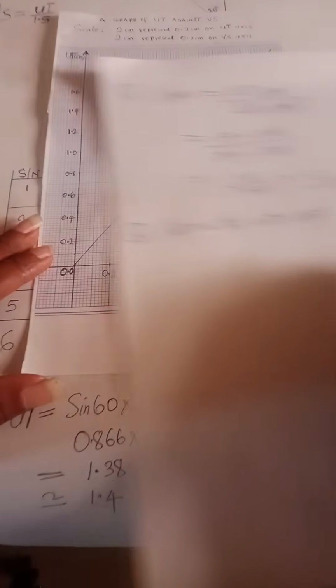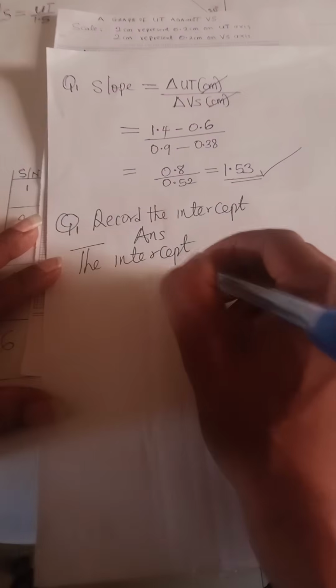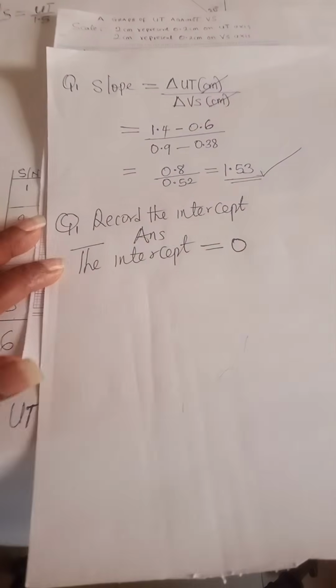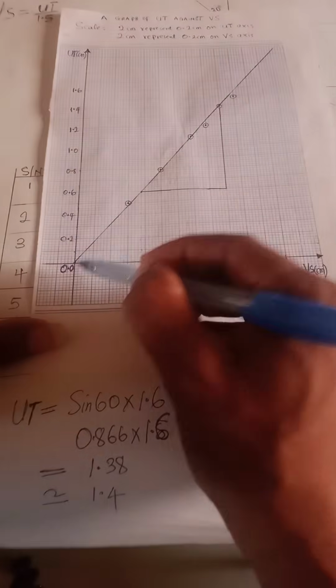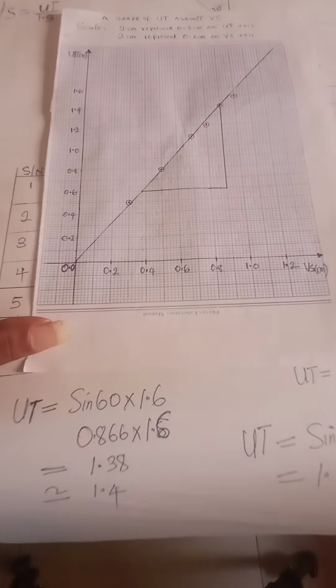So from this, you can tell them the answer: the intercept is equal to 0. The intercept is 0. That is what you write for them. I said you should try to make sure that this intercept will pass through 0, so that you can score your 40 over 40.